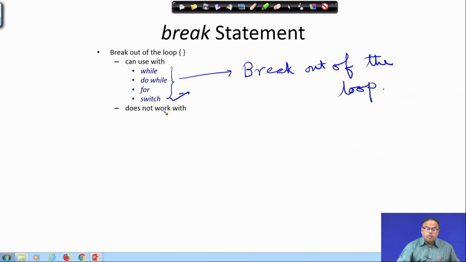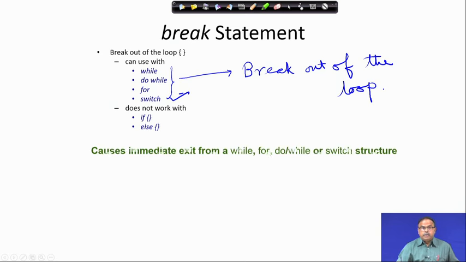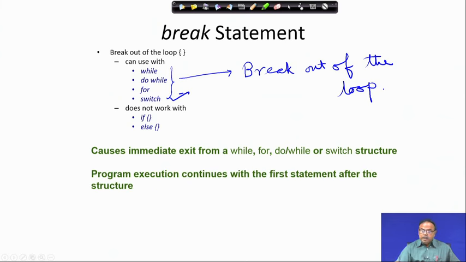It works with while, do while, for, but does not work with if and else statements. Okay. It causes immediate exit from a while, for or do while or case. We have seen that in switch statements earlier. So, the program continues with the next statement.